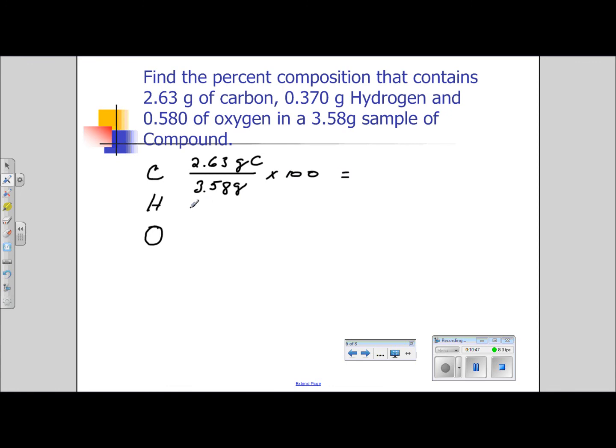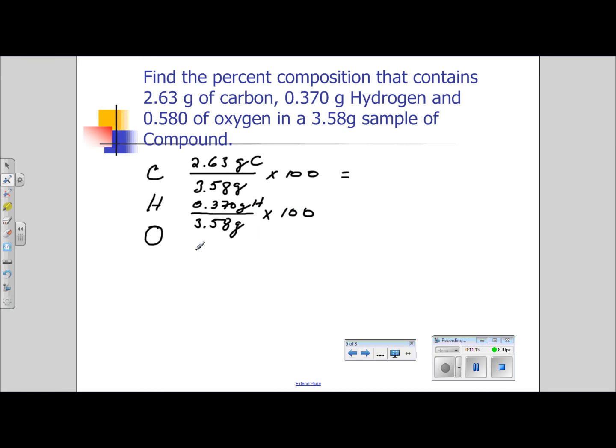We'll come back with our handy dandy calculator. For hydrogen, you are given 0.370 grams. The total sample has that many grams of hydrogen divided by the total mass, which is 3.58 grams. And this is multiplied again times 100.